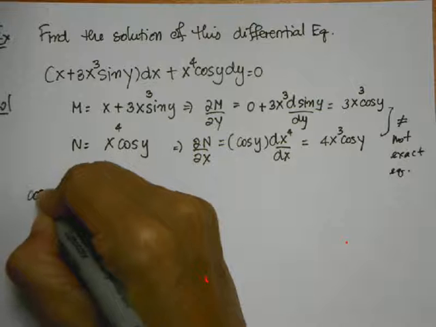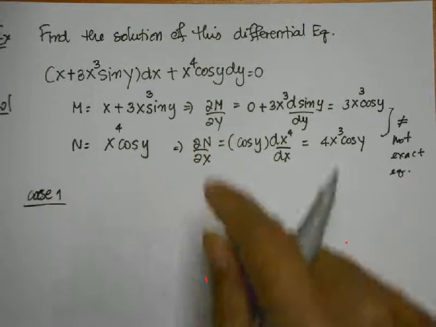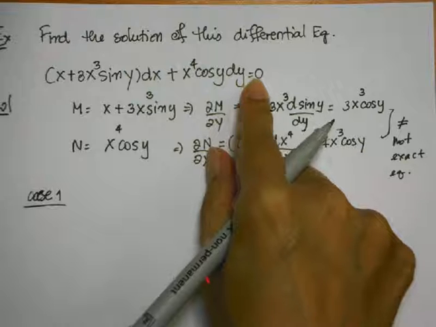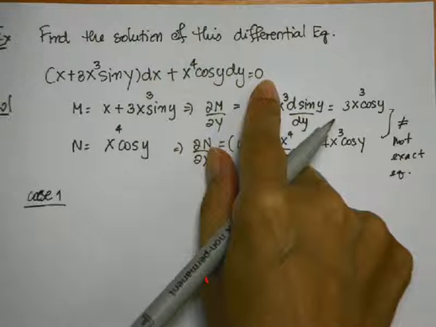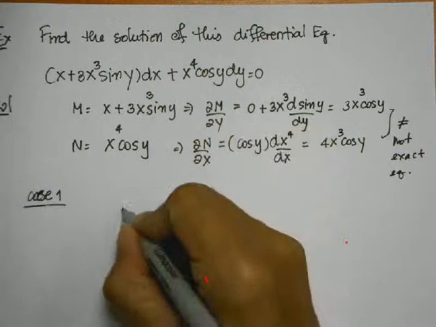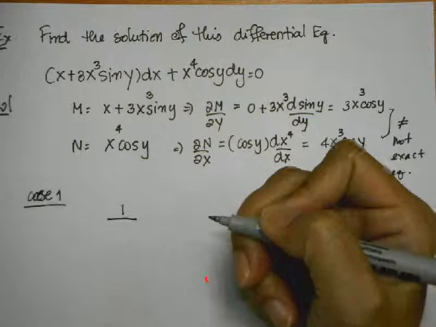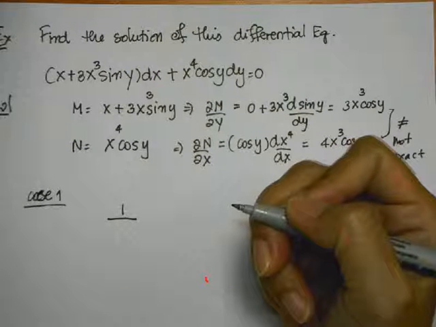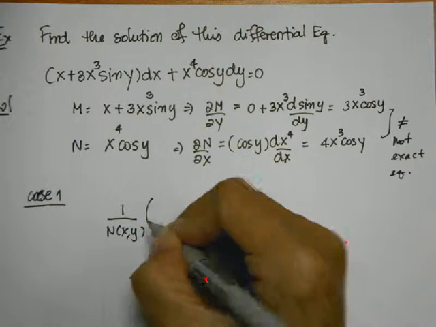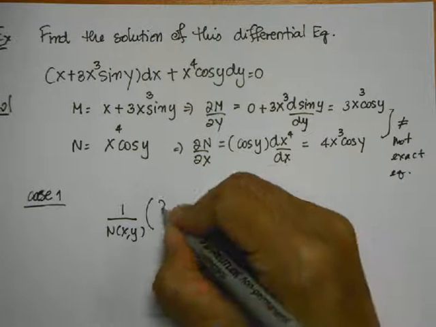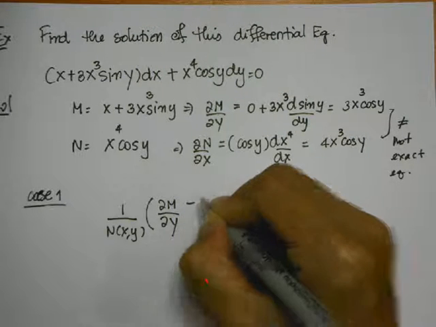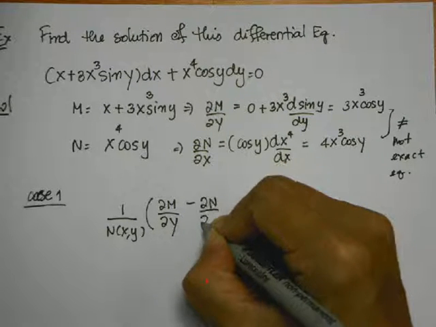Case 1 says that if you have M dx plus N dy equal to 0 and that equation is not exact, then you take 1 over N times the difference of dM by dy minus dN by dx.